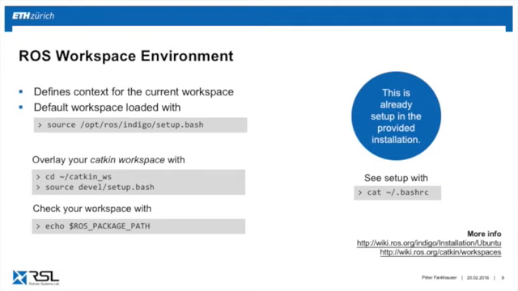By default, whenever you open a console, we load the standard workspace of your Catkin environment on the virtual machine that we provided you, with this command. You can check the environment with this command, and you can also see how we set up your PC with this command, in case you want to install your own PC in the future. So this is already set up. This is only for future reference.